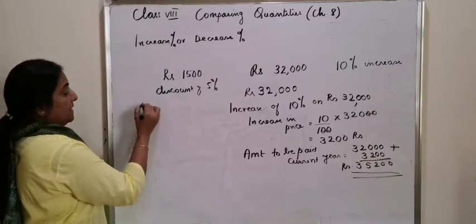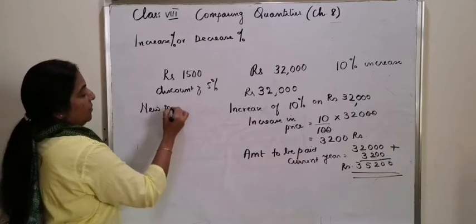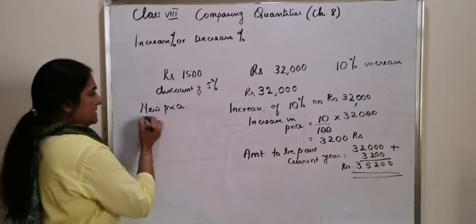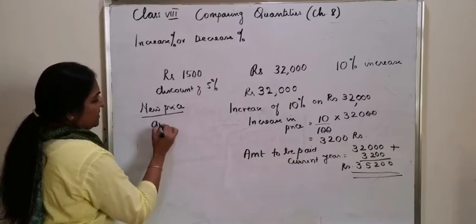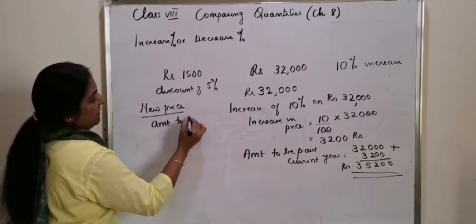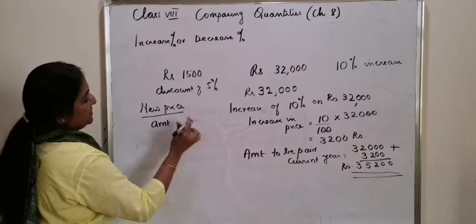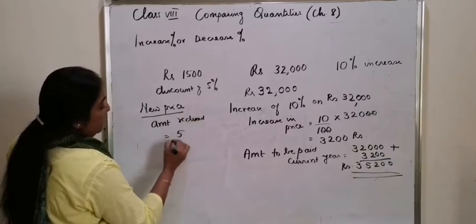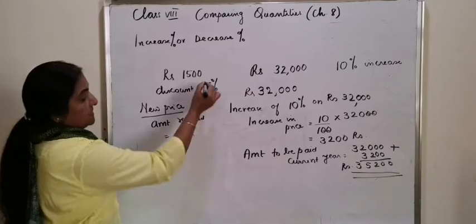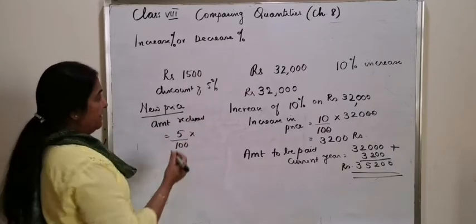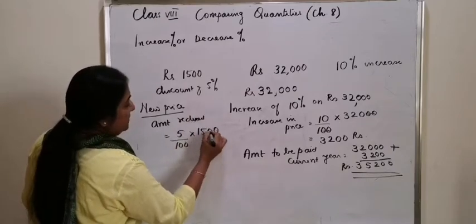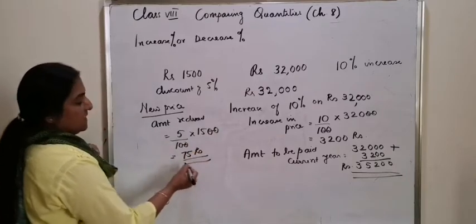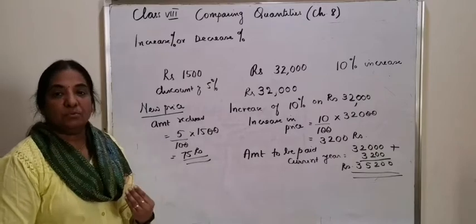So what is the discounted price? Let's get the amount which is reduced. That is 5 by 100, since 5% means 5 by 100, of rupees 1,500. That means 75 rupees he has given you as a discount.